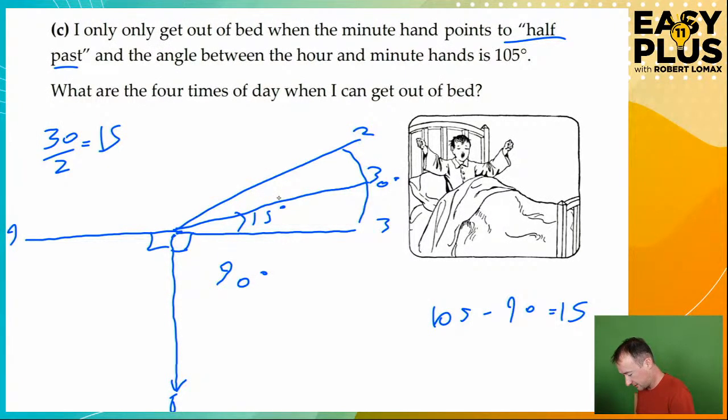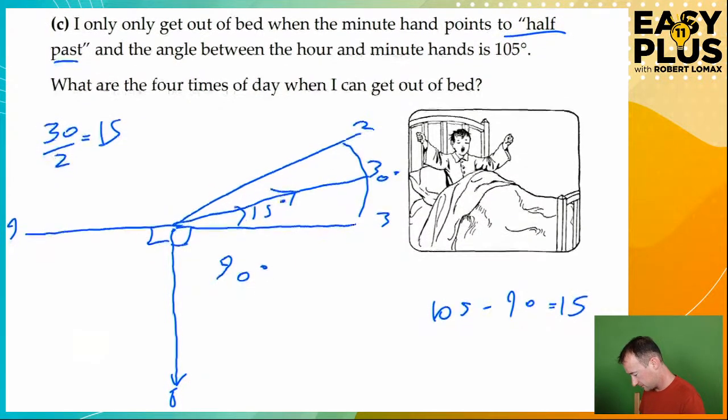So in fact, that is going to be, hang on a sec, I'm getting carried away here. Let's check it. 90 plus 15, of course, is 105. So this is what we want. So this can be our hour hand here. 90 degrees plus 15 degrees is 105 degrees. So the time we are talking about is, drum roll, 2:30. Okay.